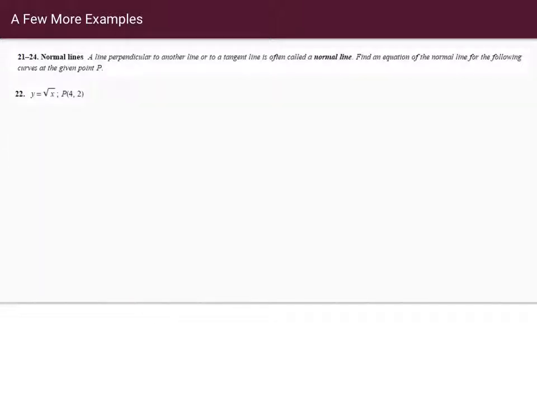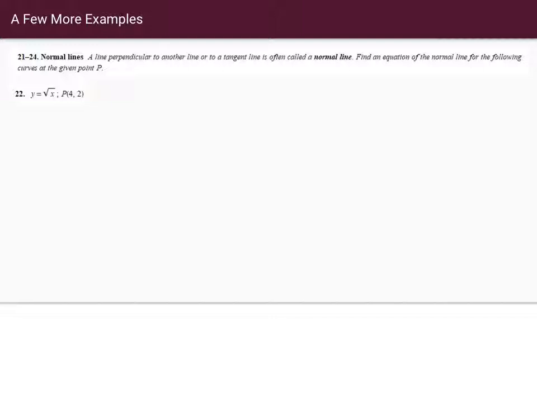Now let's expand that idea and see if we can write the equation of a normal line. A normal line is a line that's perpendicular to your tangent line. So what you need to know is the relationship between the slopes of two lines that are perpendicular. Remember that perpendicular lines have opposite reciprocal slopes. Here's the breakdown of what you need to solve this problem.